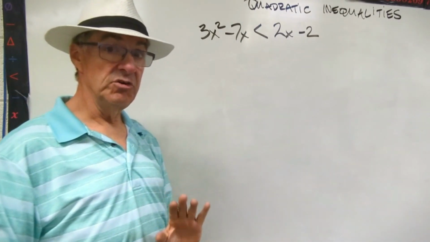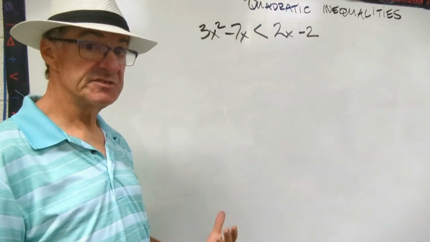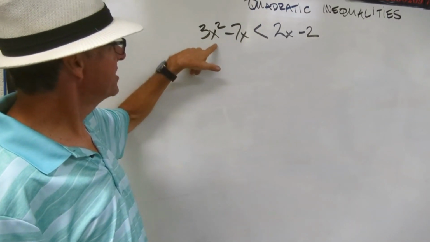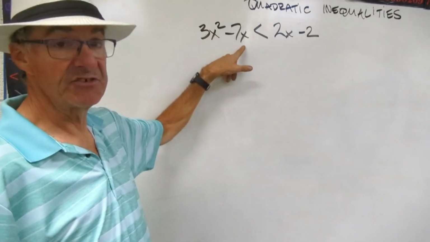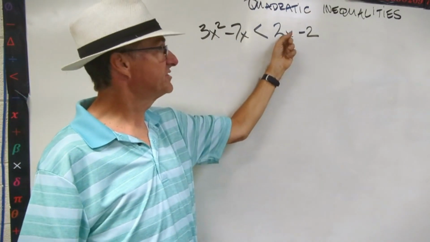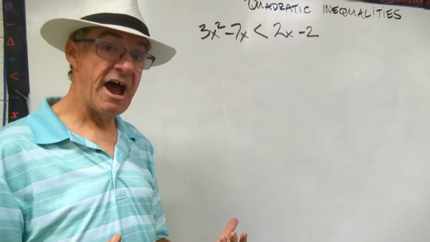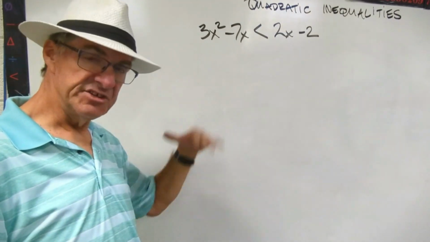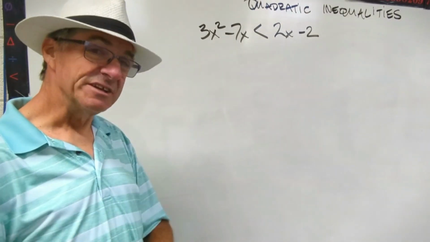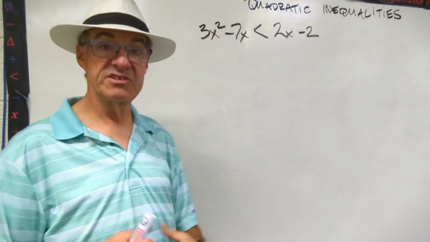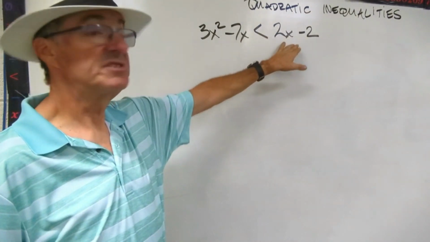So what I want you to do, pause the video, get out your graphing display calculator, and graph this function, y equals 3x squared minus 7x, as one function, and then graph this second function, 2x minus 2. And take a look at your graph, copy it down, bring it into your notes, and see if you can figure out what your solution to this inequality would be based on the graph of these two separate functions.